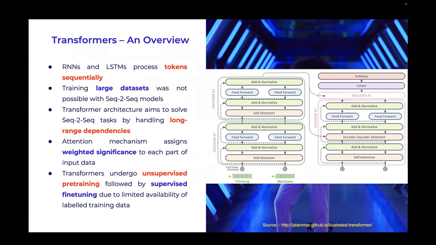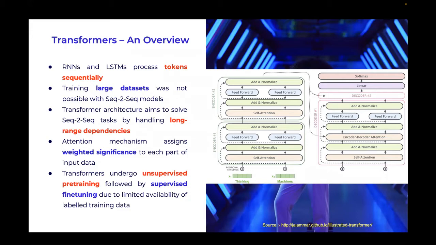So each and every token in a particular sentence was processed sequentially. And later on, even the problems of vanishing gradient, and if the document length or sequence lengths were considerably large, then the RNNs and LSTMs were facing difficulty in remembering the context.